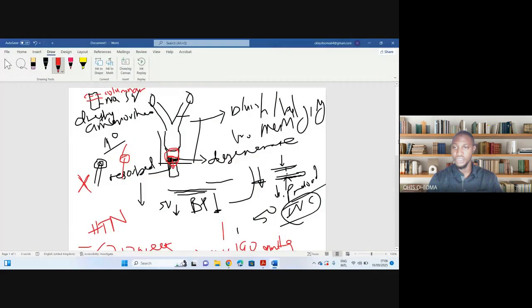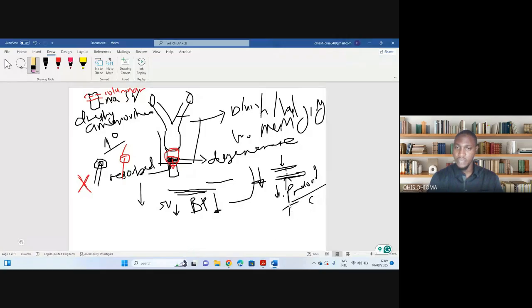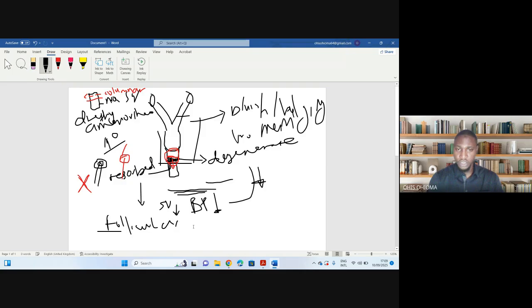So in anovulation, basically the patient does not ovulate. Now, in the menstrual cycle, there is an LH surge. Ideally, estrogen is supposed to cause follicular recruitment and maturation.